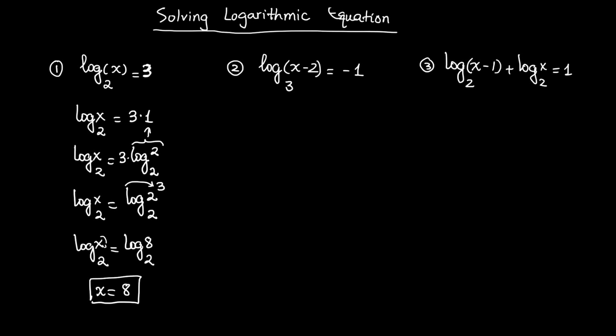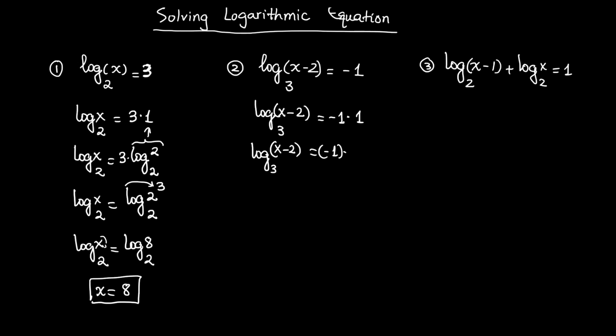I want to have logs on both sides. So I have log base 3 of x minus 2 equal to minus 1 times 1, right? Then I have log base 3 of x minus 2 has to be equal to minus 1.